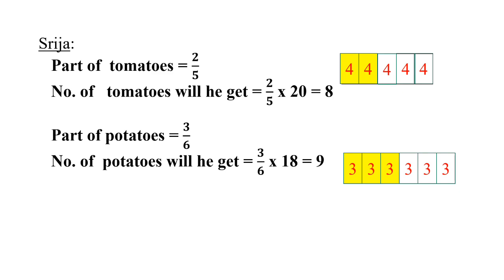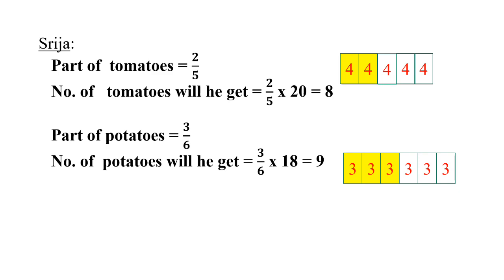Next, part of potatoes 3 by 6. Here, you have to split the whole into 6 parts and color 3. Here, I have 6 boxes and have colored only 3 for 3 by 6. Next, how many potatoes will he get? 3 by 6 of 18.